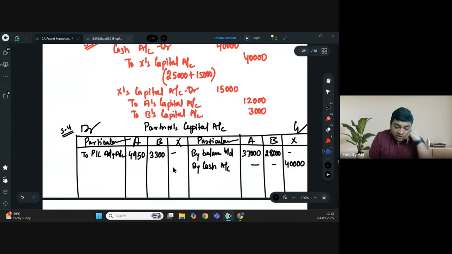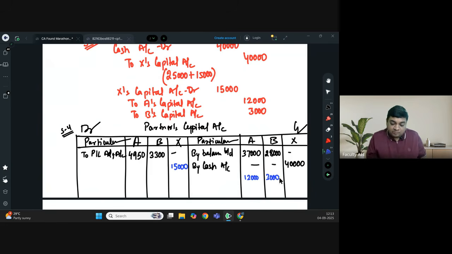But out of this 40,000, 15,000 is distributed and these two will get it. So contra entries: from X they are getting, and he is giving to A's and B's capital.